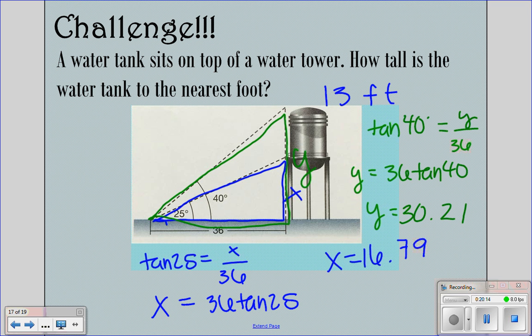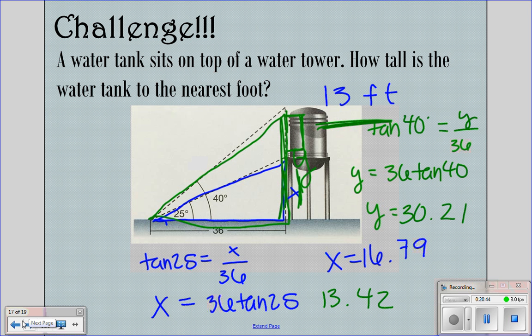And so if you do 30.21 minus 16.79, you end up with 13.42, which rounds to 13 feet. And the reason you subtract, we know that this whole thing is y. We're only looking for this part here. So the whole thing minus the x part will give you the top part. So that's how you would figure out how tall the water tank is.